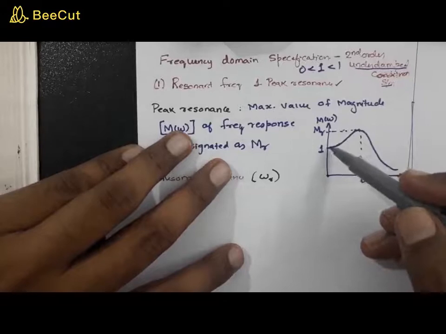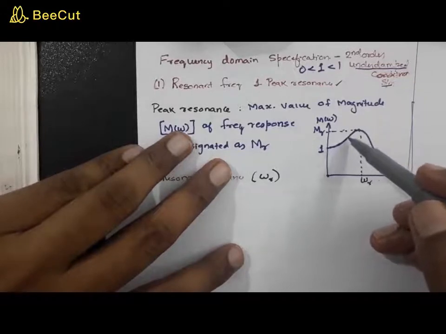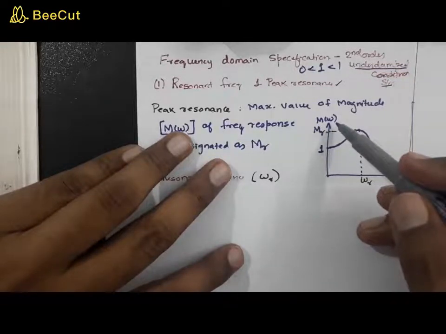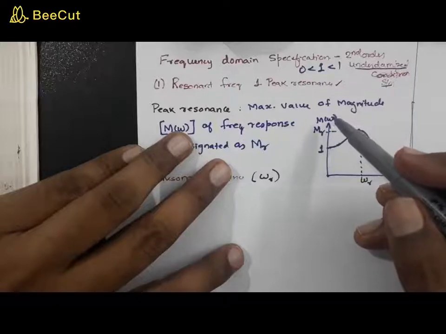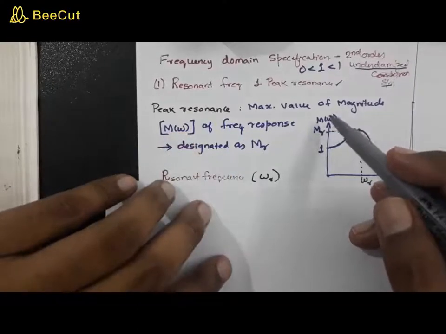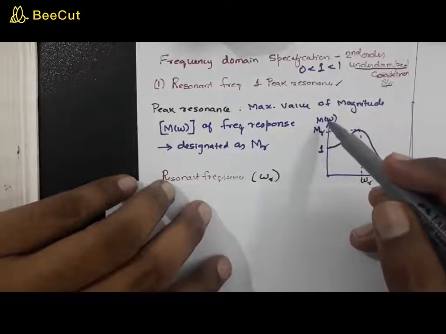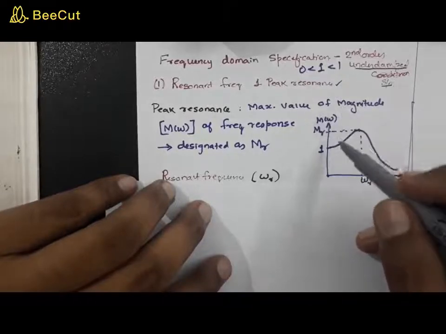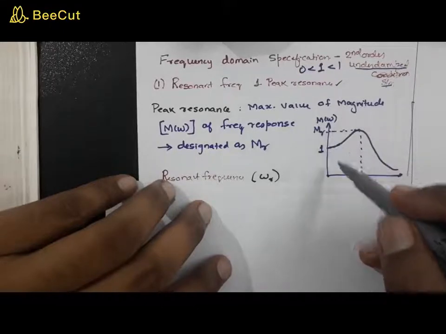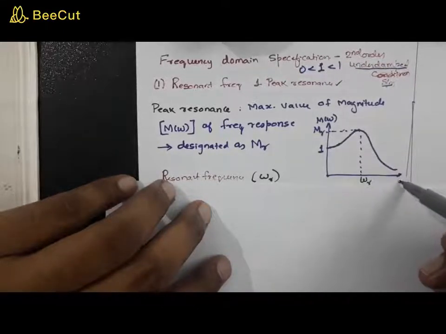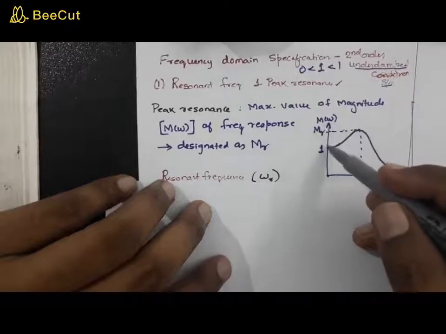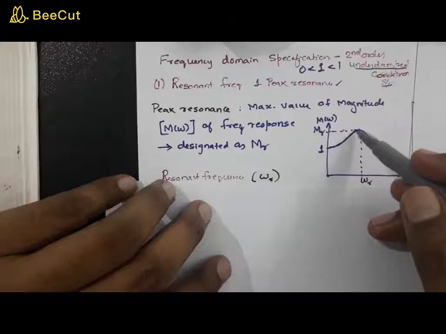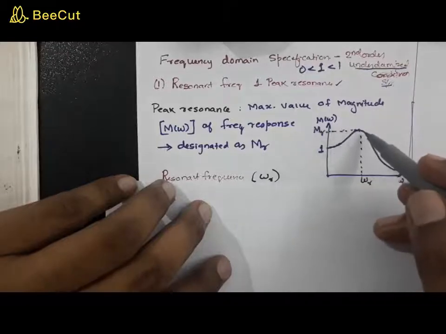Now you can see that when you plot the magnitude of the frequency response, that is M of omega, how do we get the magnitude? We get the magnitude by putting s equal to j omega in the magnitude of the transfer function. When you vary different omega for this M of omega, we can find that this value starts from 1 and goes up to a very high value, which is a peak value, and after that point it reduces.